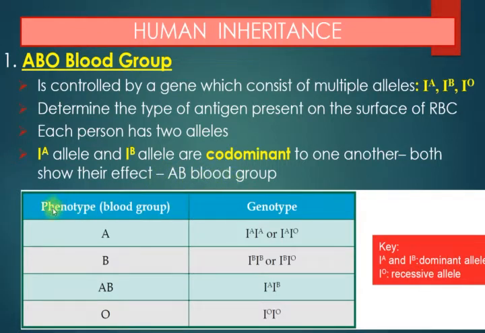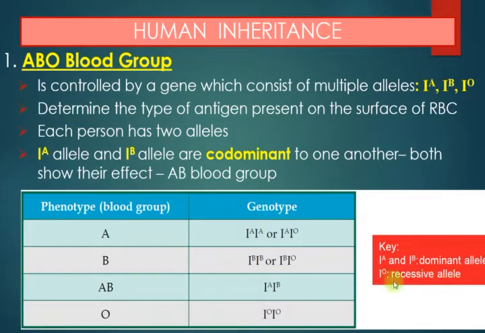This table shows the phenotypes, which refer to blood groups A, B, AB, and O. The genotype for blood group A is either IAIA or IAIO. You have to remember that IA and IB are dominant alleles, so IO is the recessive allele.